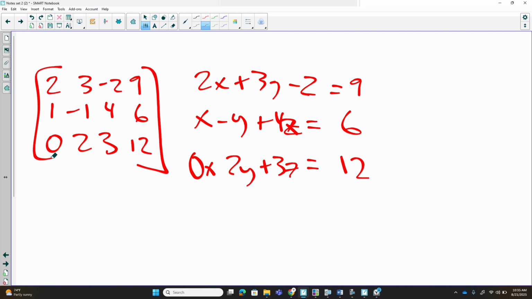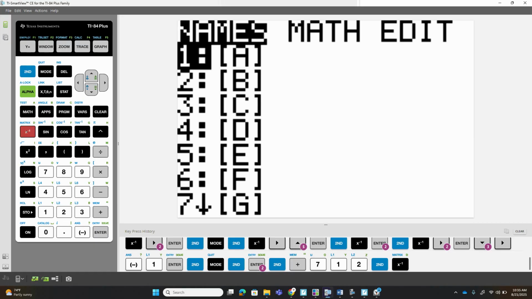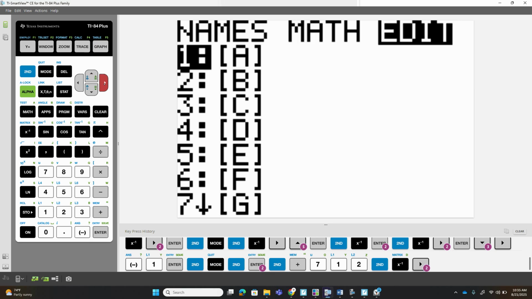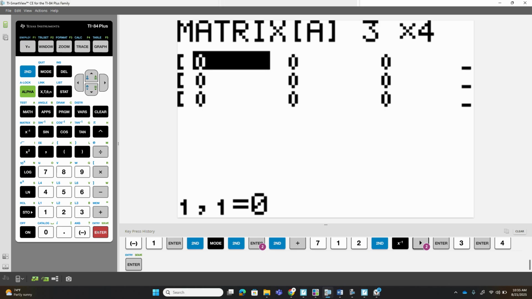Okay? You're going to take that 3 by 4 and plug it into your calculator. I'm going to pull my calculator up so you can see it. Second matrix. Slide over to edit, just like we did yesterday. Punch it in, 3 by 4. So you've got a fairly large matrix. Enter your data in order.